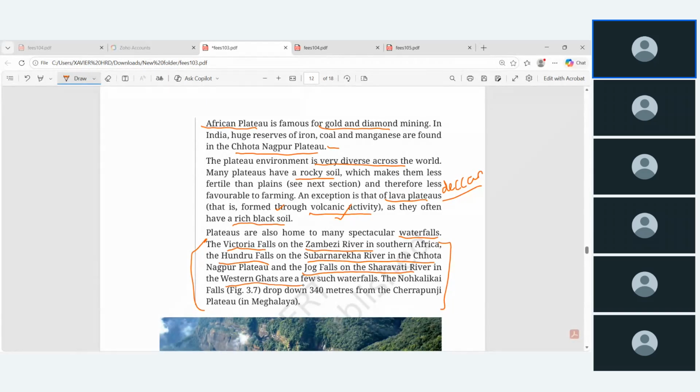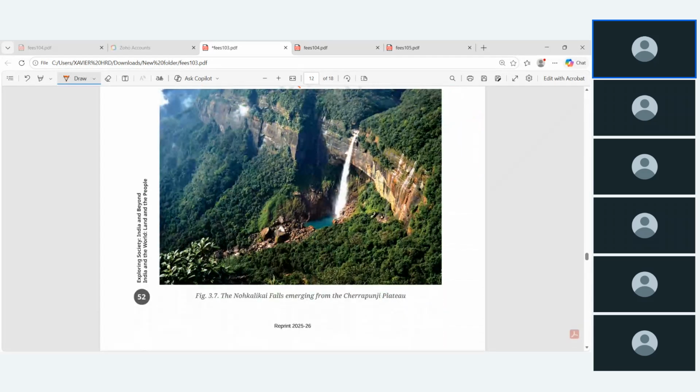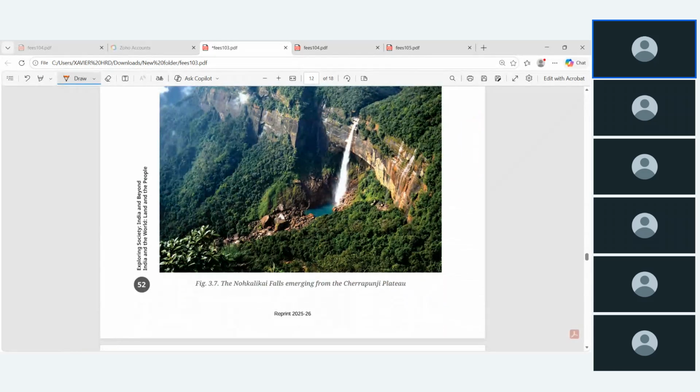So these are the few waterfalls. And Nohkalikai Falls, that is in the Cherrapunji plateau in Meghalaya. So idella thaniya noted down separately. This is Nohkalikai Falls in the Cherrapunji plateau.